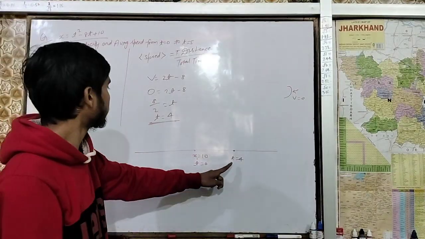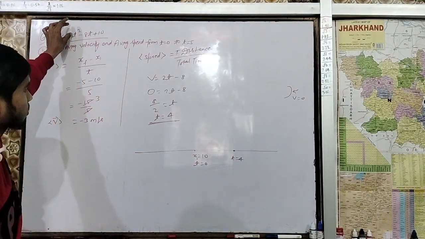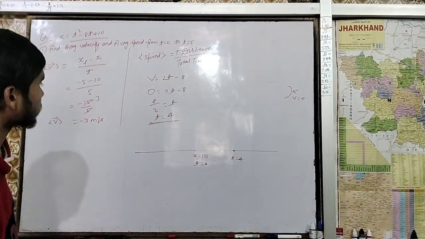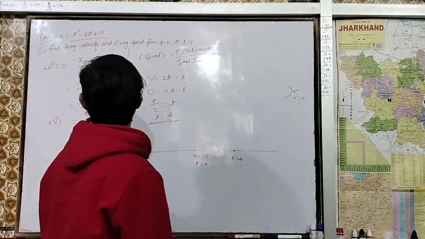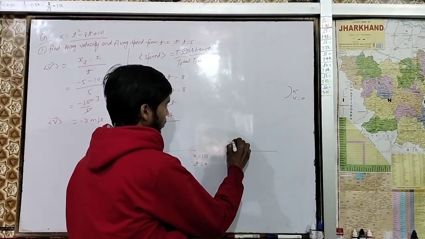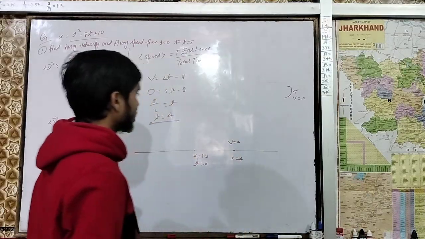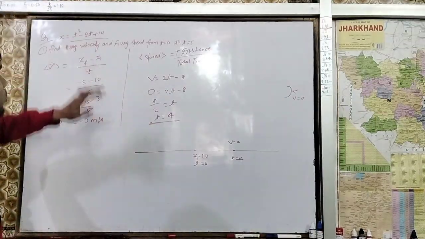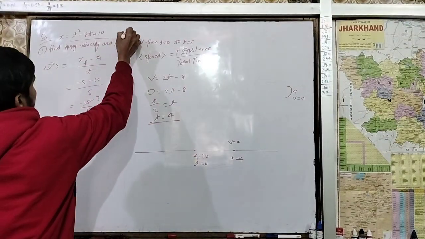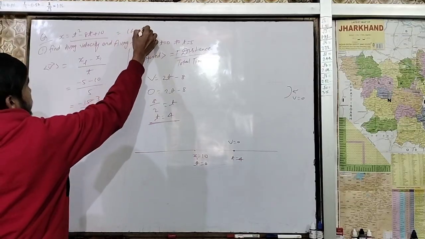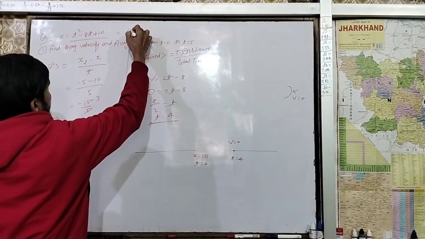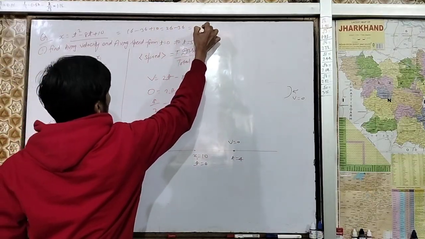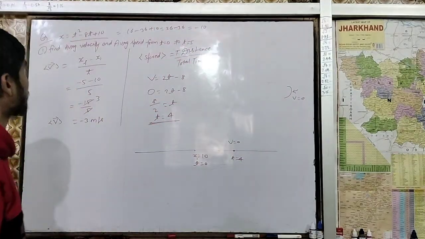So at 4 seconds, how much is x coming? Here velocity is 0. So x is coming as 4 4s are 16, minus 8 4s are 32, plus 10. 26 minus 32 means minus 6.